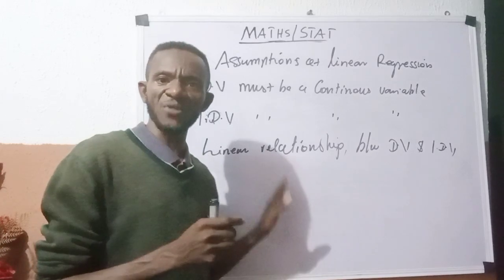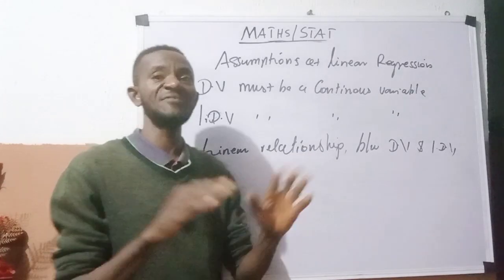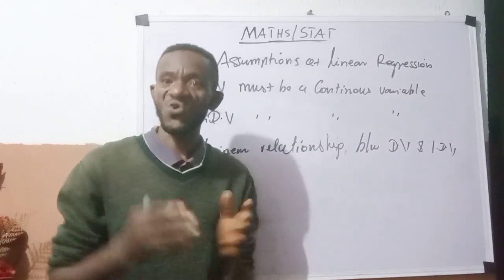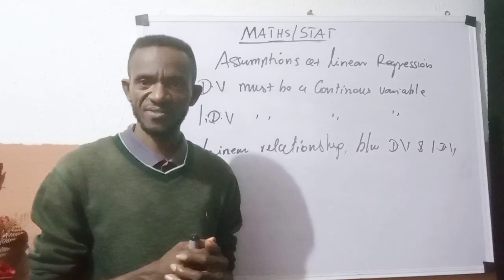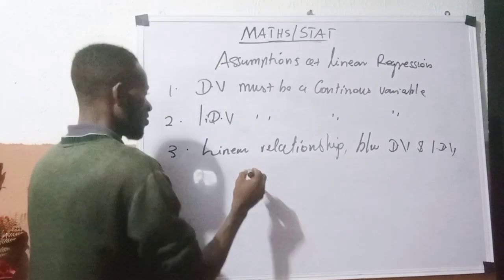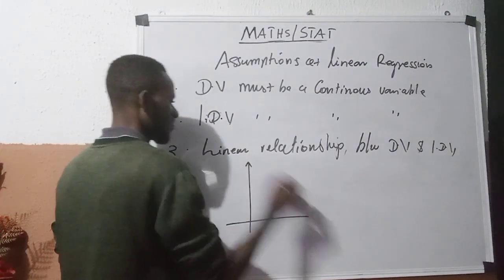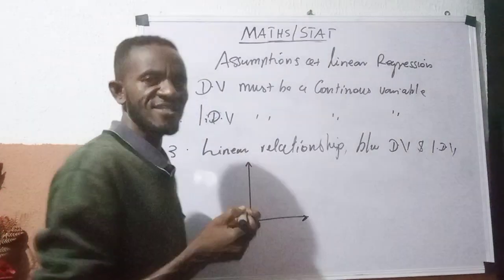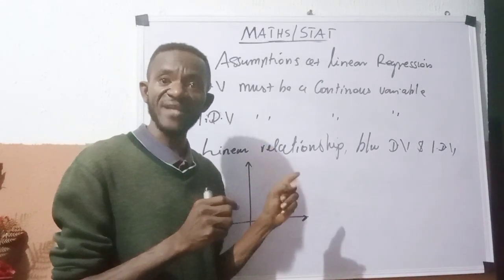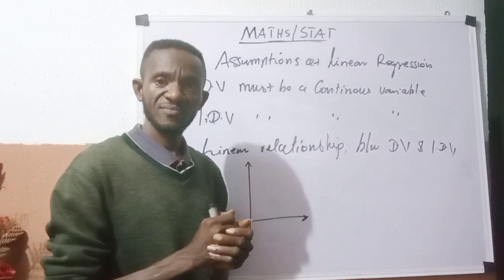This kind of relationship can easily be shown using what we call the scatter diagram, or scatter plot. The scatter diagram uses the XY axis to represent the coordinate values of the dependent and independent variables.